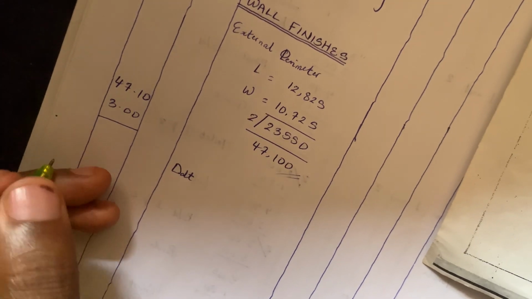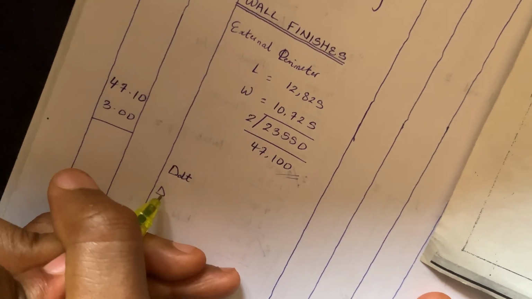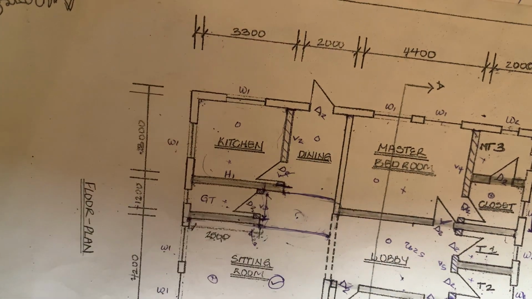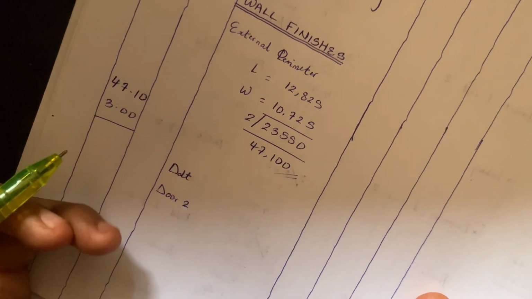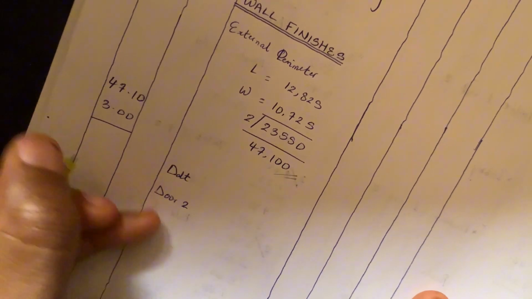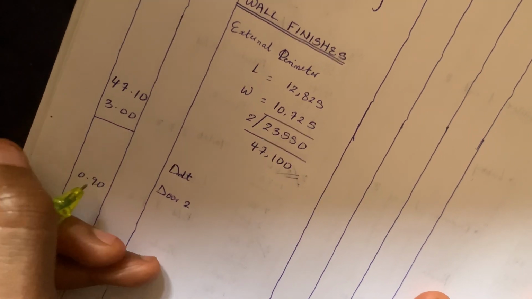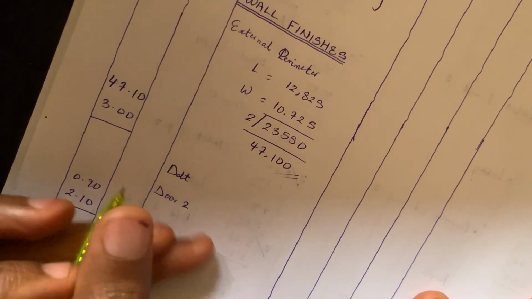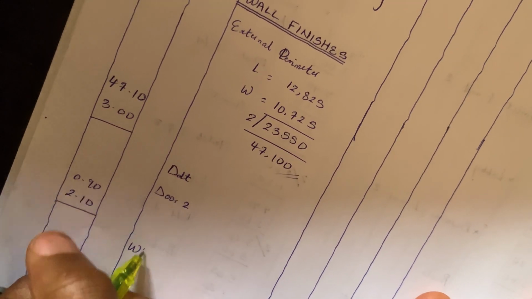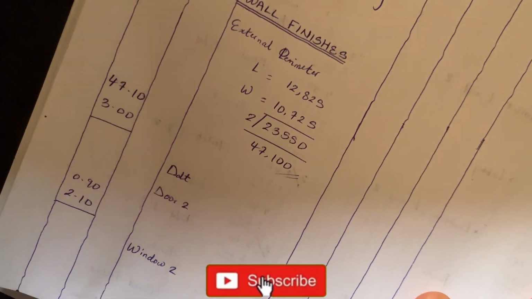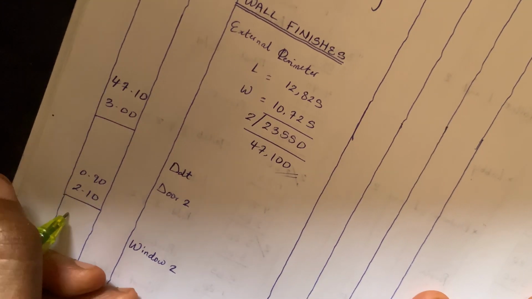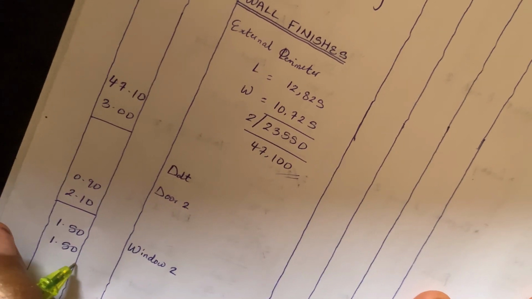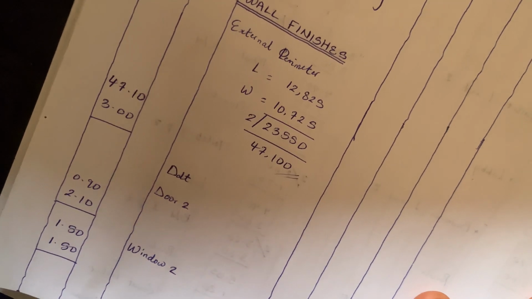So we'll start by deducting door 2. That is this door here, and the dimension is 900 by 2100. So it's going to be 0.90 by 2.10, and then we close. The next one will be window 1, and the dimension is 1.50 by 1.50, and then we close.